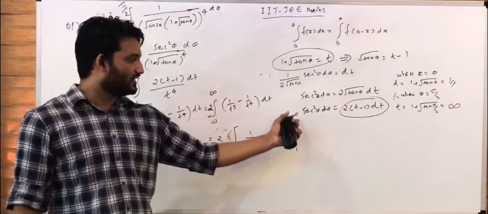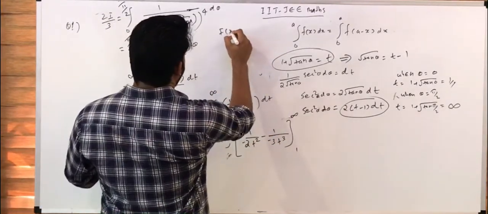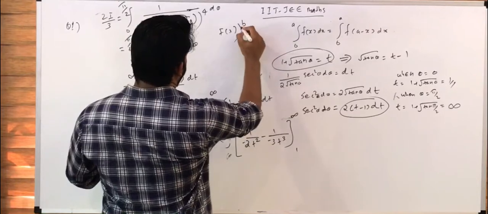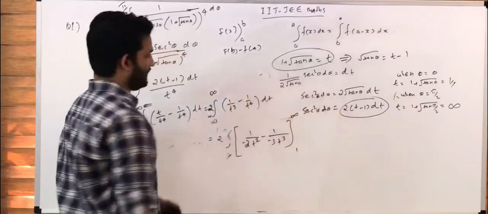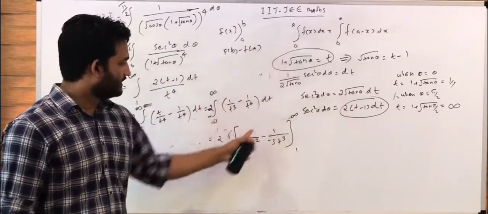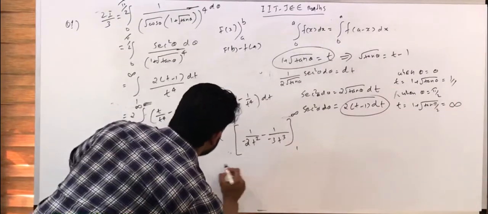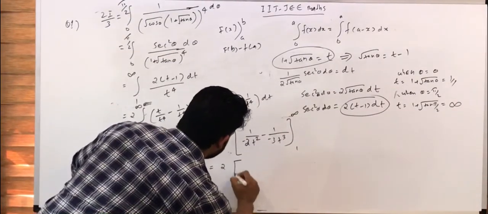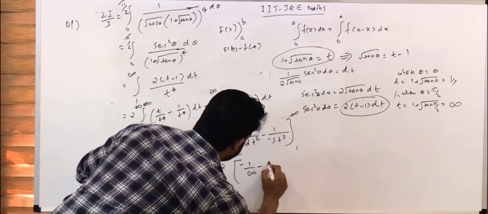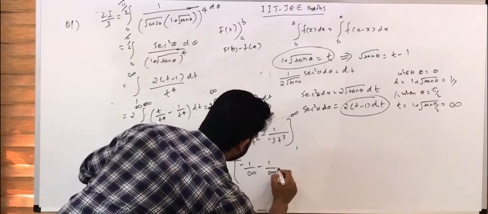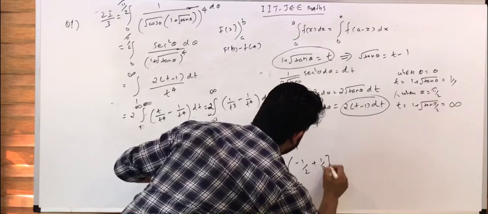So we need to substitute the higher limit first, minus the lower limit. We know the integral of f of x from a to b is equal to f of b minus f of a. So if we substitute upper limit minus lower limit, we get the integral. So this becomes 0 minus 1 by infinity, minus, minus 1 by 2 plus 1 by 3.